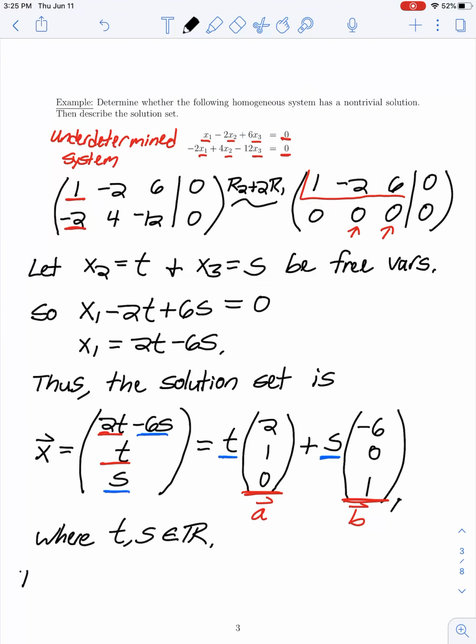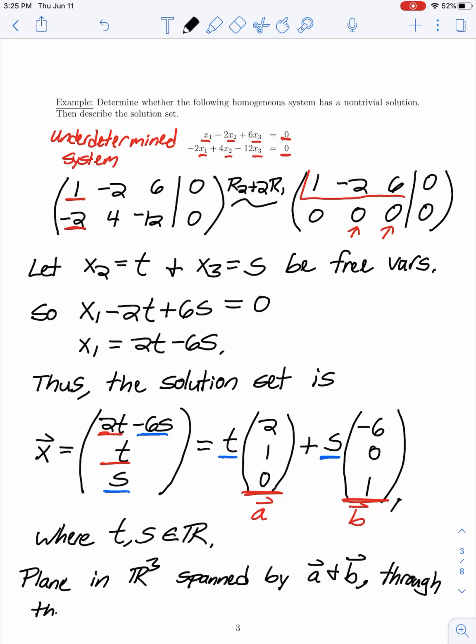So here we have a plane in space spanned by these vectors A and B through the origin.